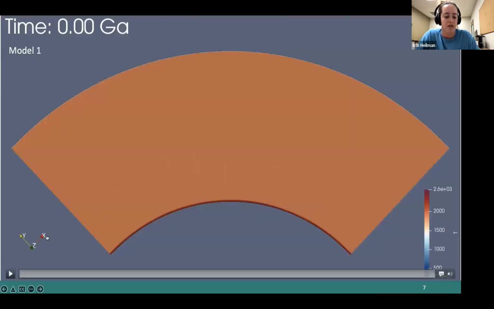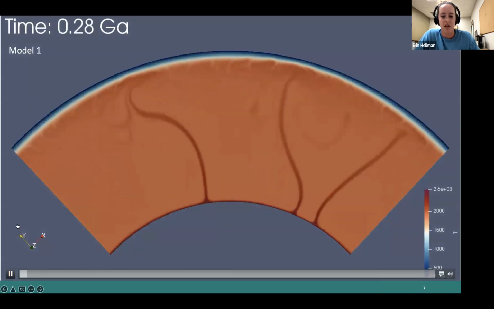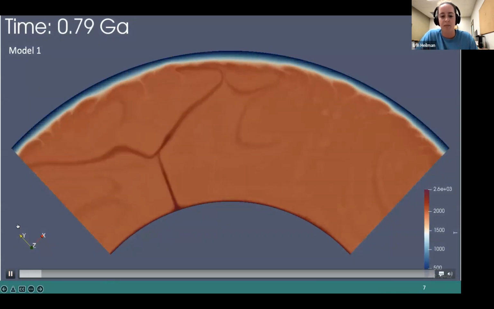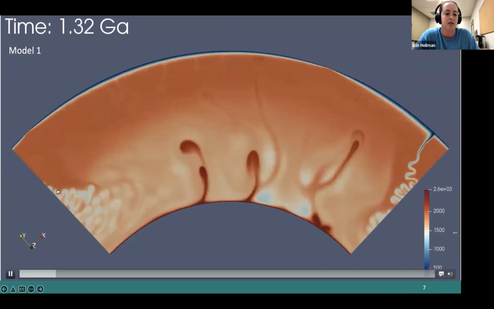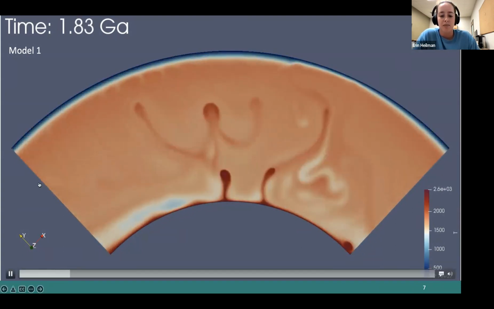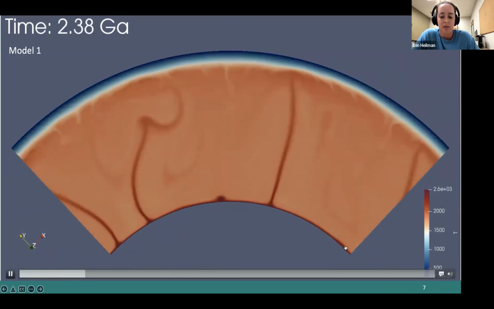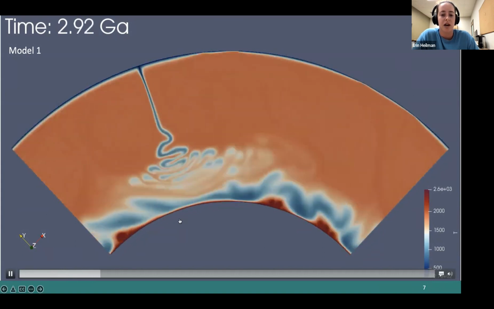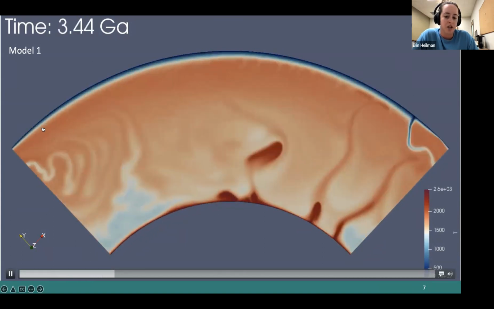So what do our models look like in action? This is a sped up temperature look at our mantle convection models. You can see you have plumes coming up from your bottom boundary. You have subduction happening.